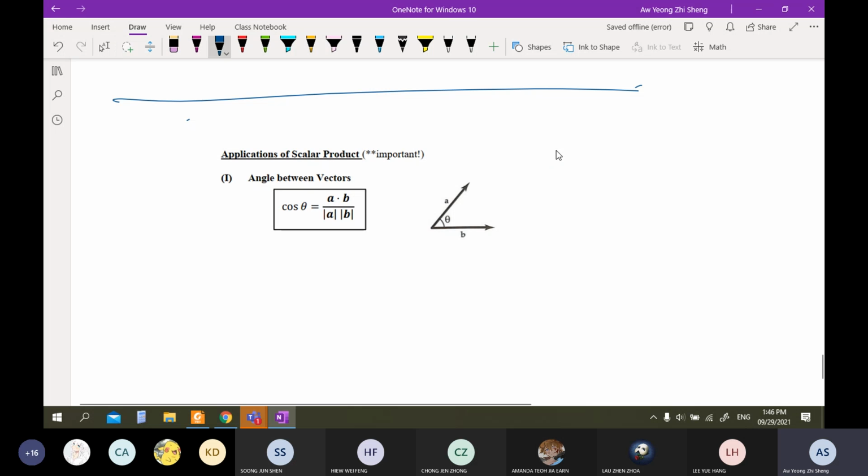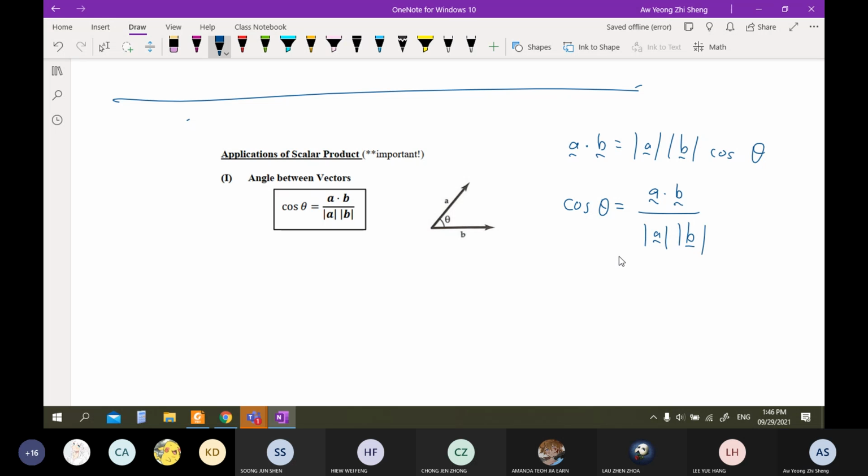So according to the alternative formula, we know A dot B is length of A times length of B times cos theta. Then if you make cos theta your subject, it will be A dot B divided by length of A, length of B. Then theta will be just cos inverse of A dot B divided by length of A, length of B.